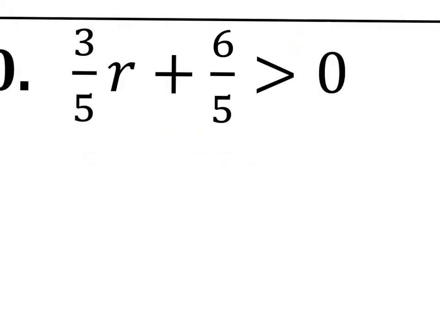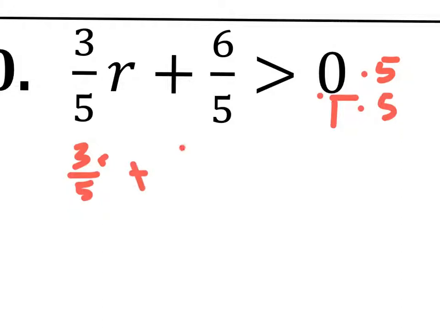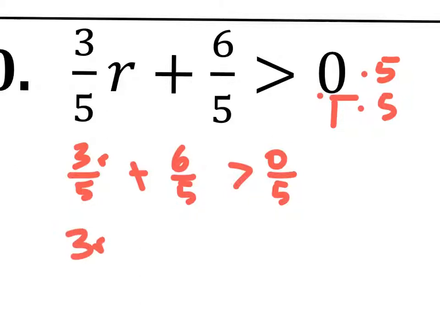Alright, now to finish off, a couple of these problems at the end are going to be fractions. Well, that's easy. We want to have a common denominator. Right now it's over 1, so we're going to multiply top and bottom by 5, which is going to be 3/5 r plus 6 over 5 greater than 0 over 5. And again, we just care about when the denominators are the same. We just care about the tops.